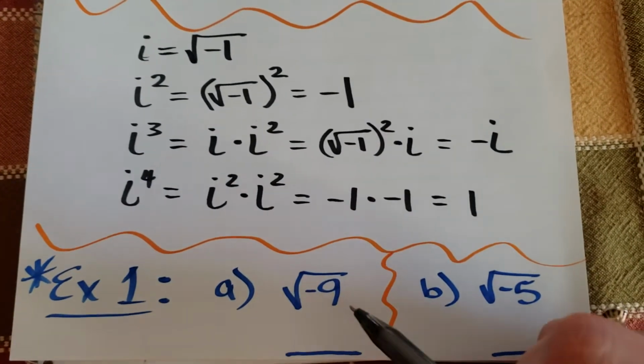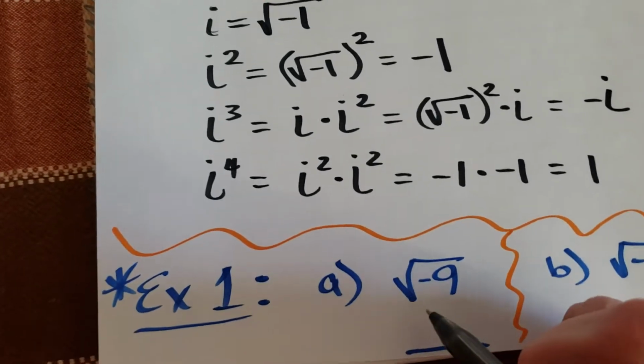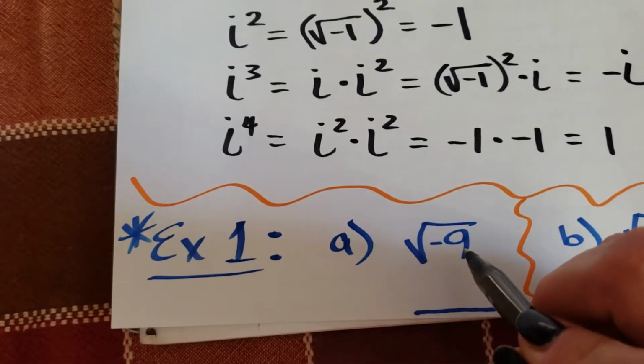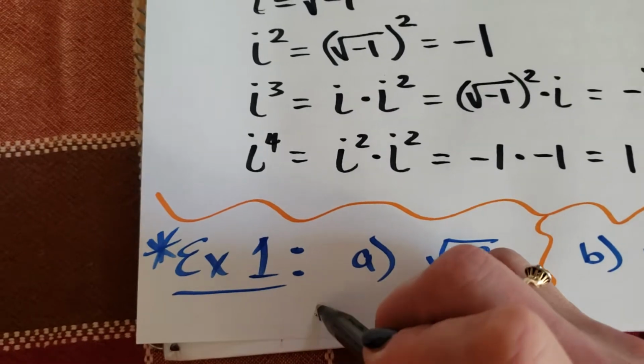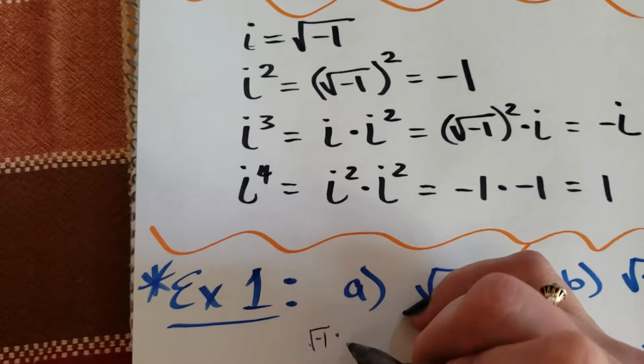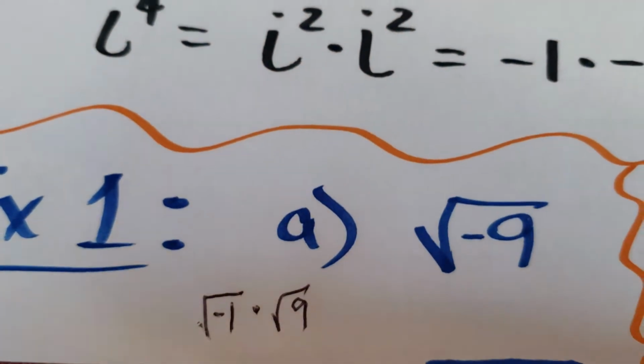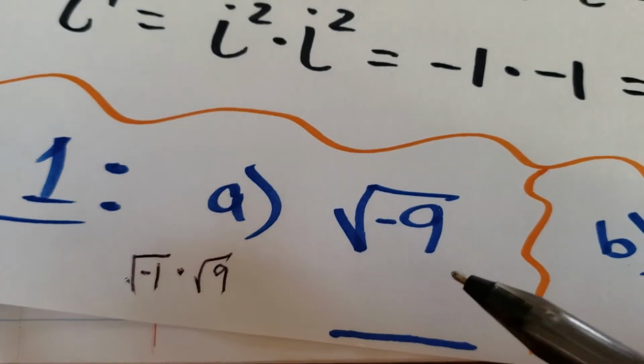So if I want to rewrite it, I'm going to give a little example here: the square root of -9 can be rewritten using our multiplication rules as the square root of -1 times the square root of 9. True? -1 times 9 is -9.